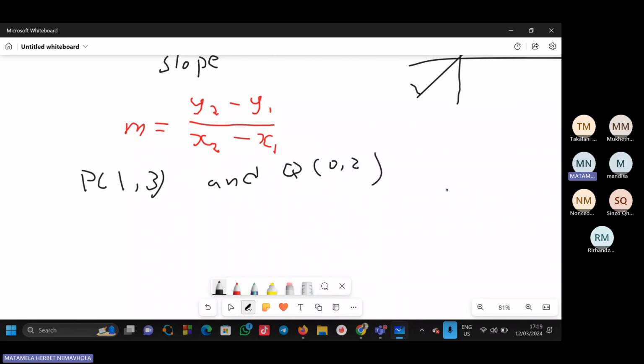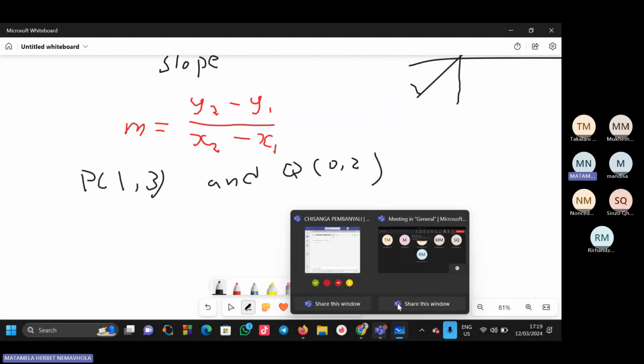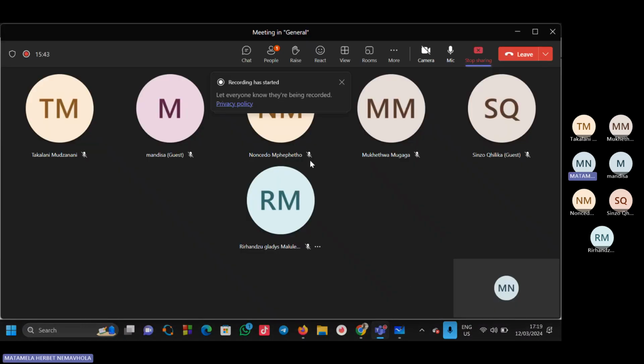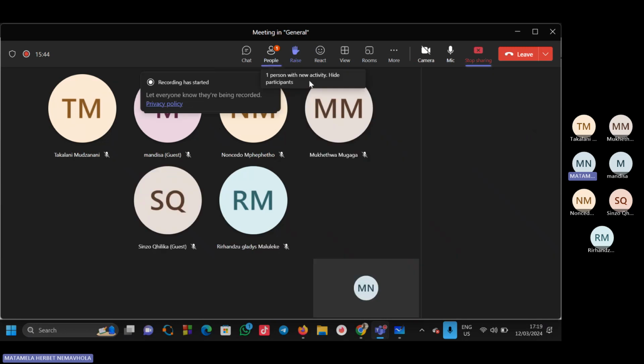Then find the equation of the straight line.